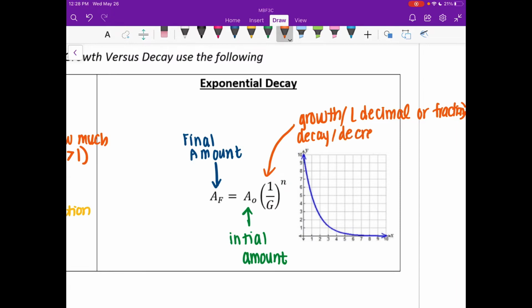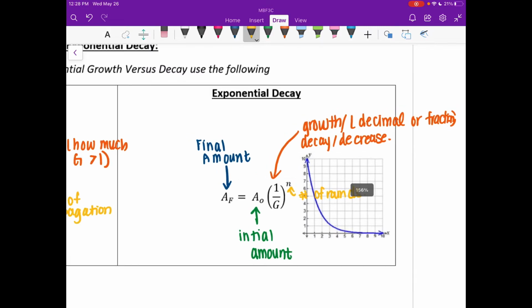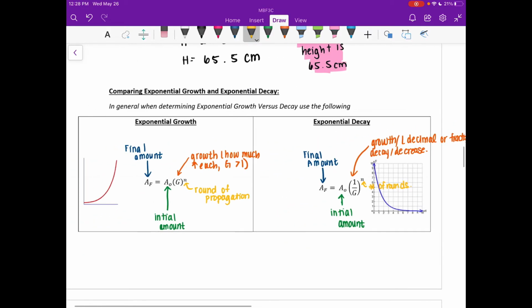It's anything that's indicating that it's going down, right? And then last but not least, you have your N value, which is the number of rounds. Okay? So those are your two different equations.